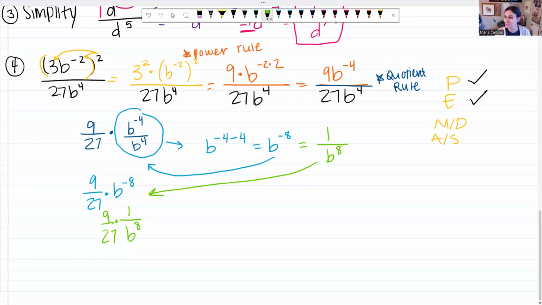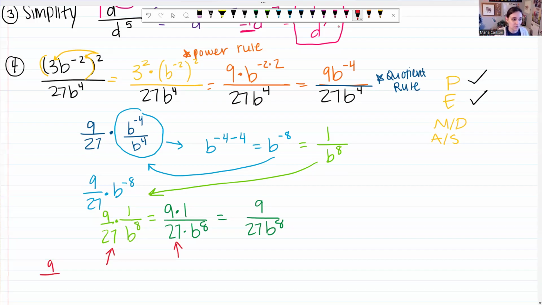And this we can actually just multiply. So I'm going to multiply the numbers across. So 9 times 1 over 27 times b to the 8th power. So this is really 9 over 27 b to the 8th. And my last step is really to simplify the 9 over 27, which I could have done in this step here or in this step here. 9 over 27 is a fraction that will simplify.